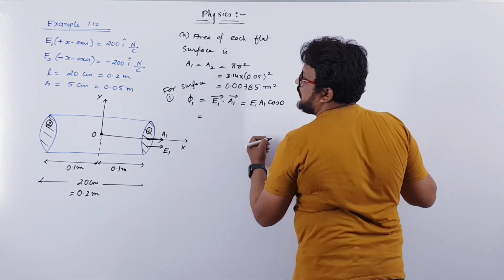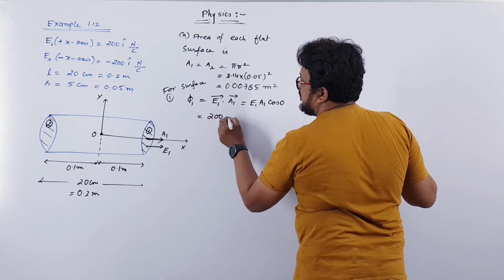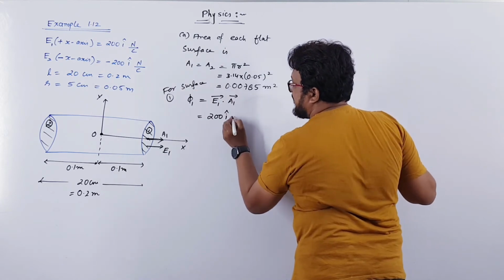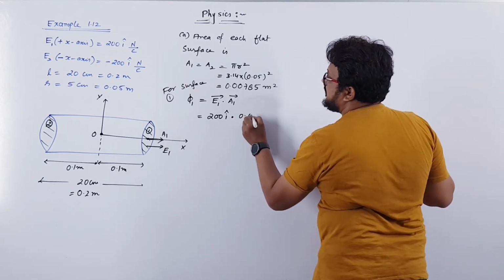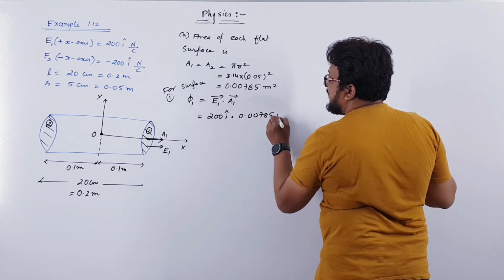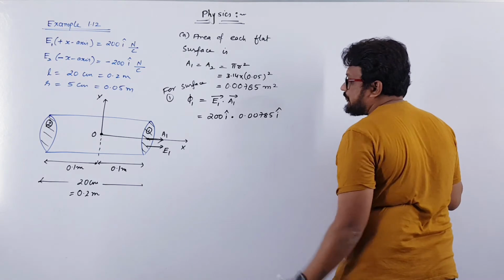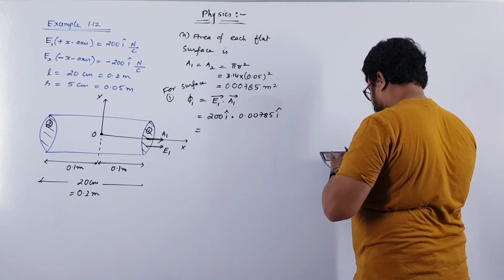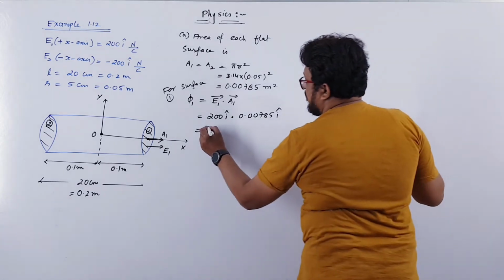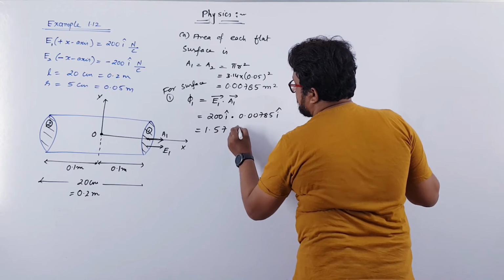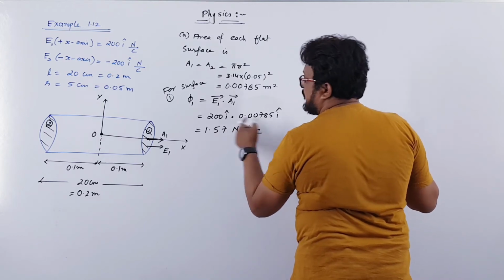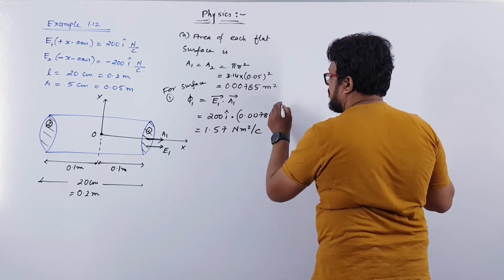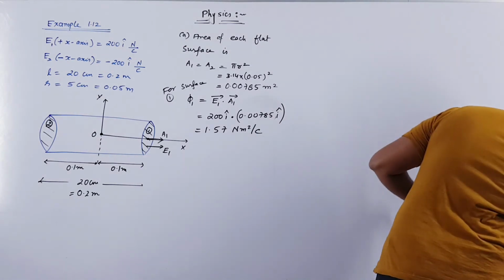That is equal to 200 i cap dot area 0.00785 i cap, because it is also along the x-axis. So 200 into 0.00785 will give you 1.57 Newton meter square over Coulomb. i dot i will be 1. So this will be the flux for surface 1.